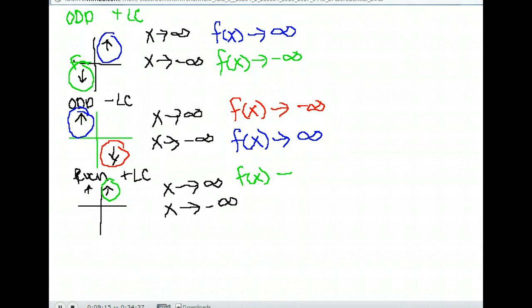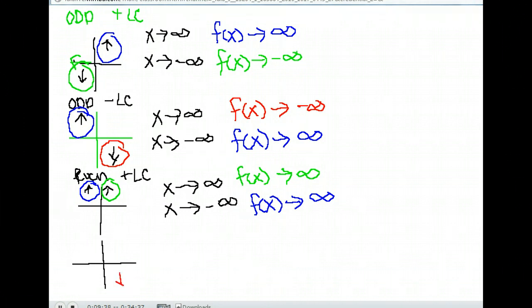F of x is going upward, or to positive infinity. What happens as x goes to negative infinity, or the left side of the graph? F of x, or our y value, is pointing upward to positive infinity also. Okay, and again, you just want to take notes on these because I know at first it's like a foreign language to you.